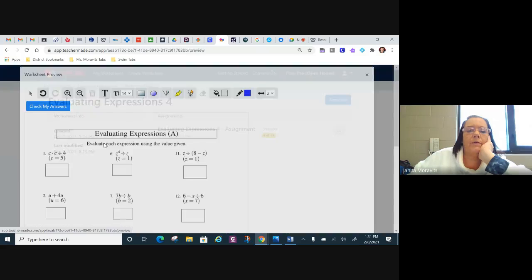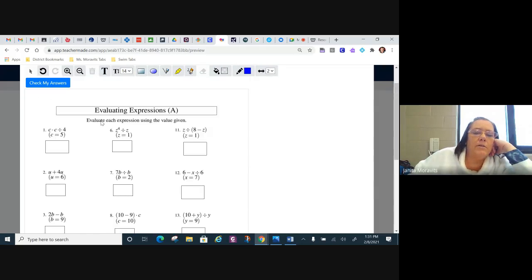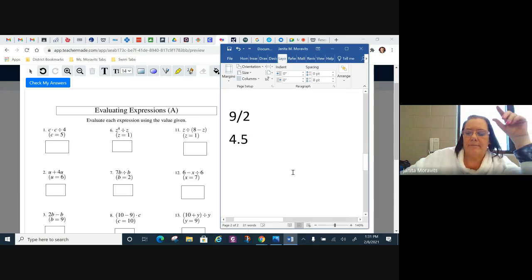Let's preview that one. Now this one has some exponents. So let's look at number 6. It says z to the 4th divided by z. All right, well, z to the 4th power means you're going to multiply z. Let me get this on here.